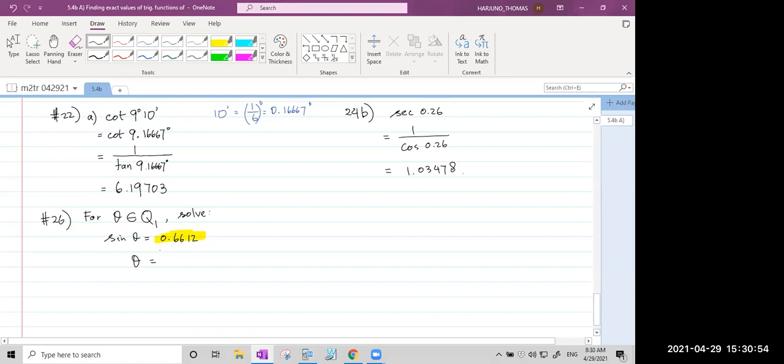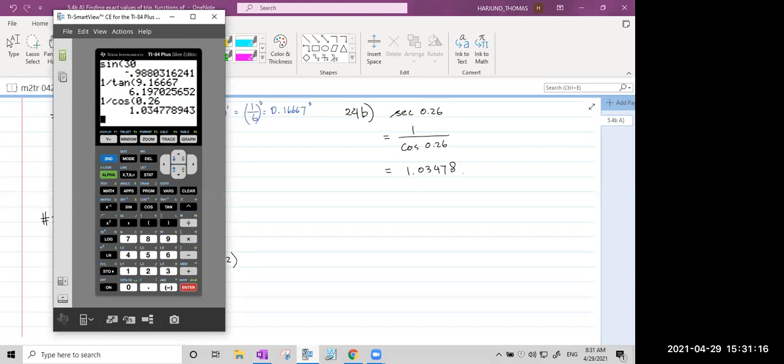They don't teach us inverse sine, inverse cosine, inverse tangent yet, but they already teach us how to use them on the calculator. So if I follow the book, you need to write it this way.